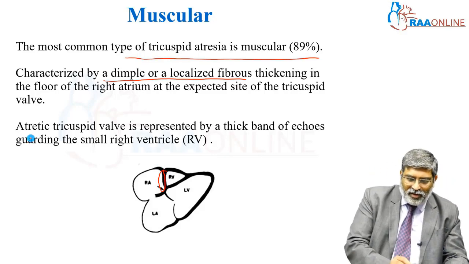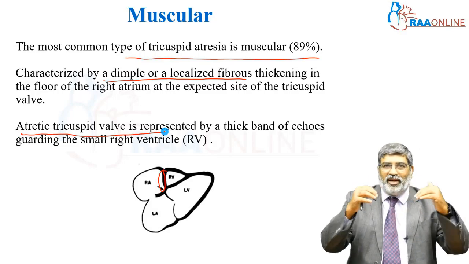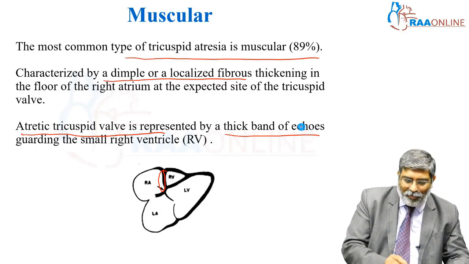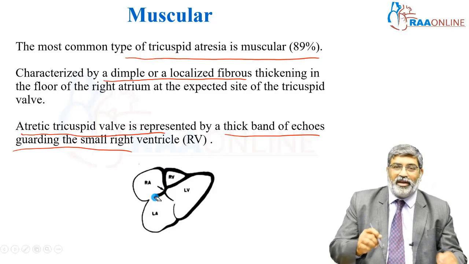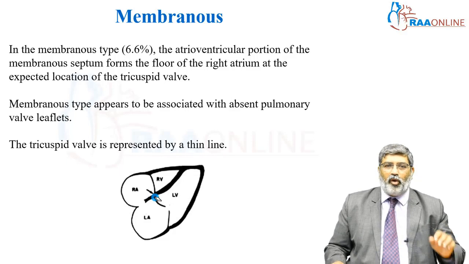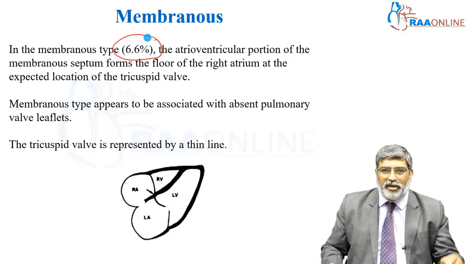Usually you have valve leaflets, but here it is represented by a thick band of echo which is guarding the right ventricle, instead of 2 leaflets. This is the muscular type.